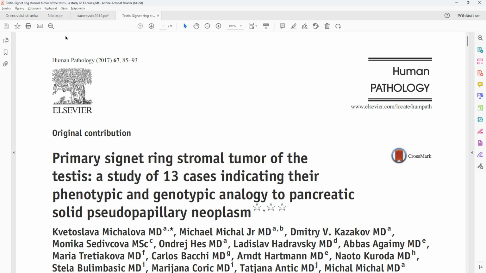Yeah, that means we think that these signet cell stromal tumors of the testis are actually signet cell changed solid pancreatic pseudopapillary neoplasm.